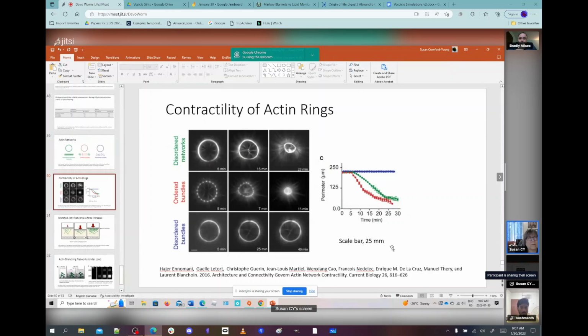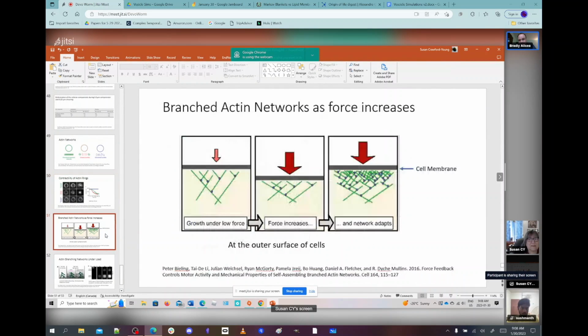So looking at this might be the wound healing that Dick was talking about. I should probably be showing him this, but anyway, this kind of looks like what happens in wound healing in tissue. So it's getting smaller. It's contracting back down. Okay. And then the disordered bundles, I don't see the difference between the disordered bundles and disordered networks.